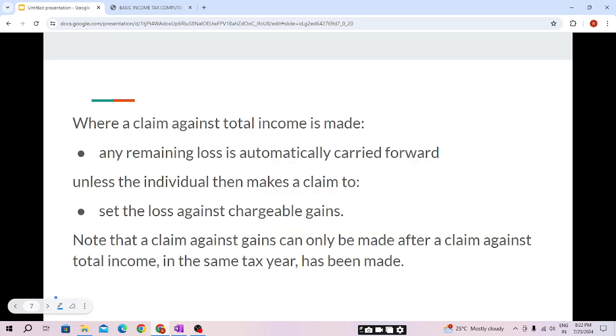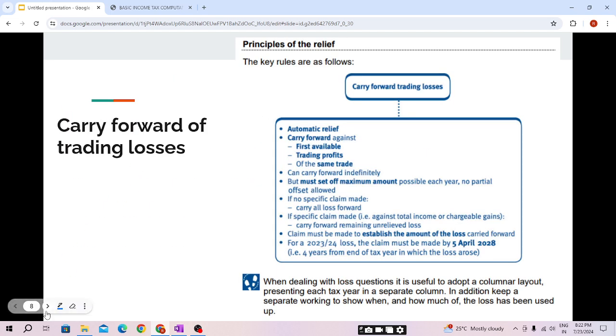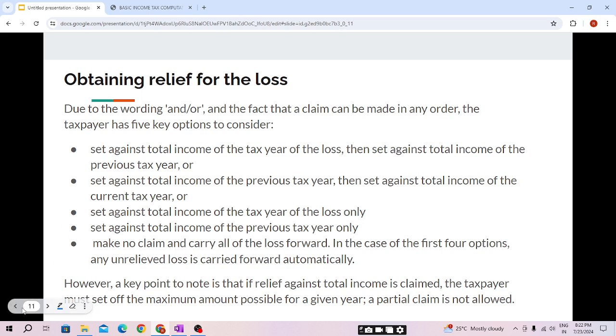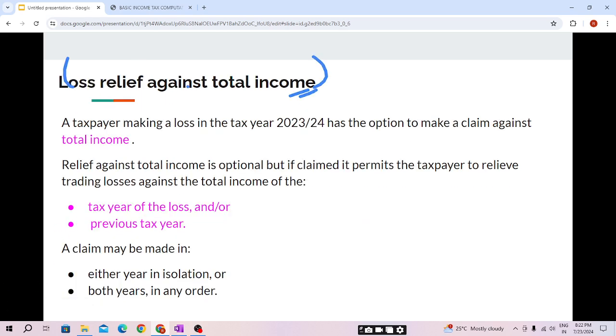So students, loss relief against total income. A taxpayer making a loss in the tax year 23-24 has the option to make a claim against total income. We have already seen this is an option which is available with the taxpayer: option 1, option 2.